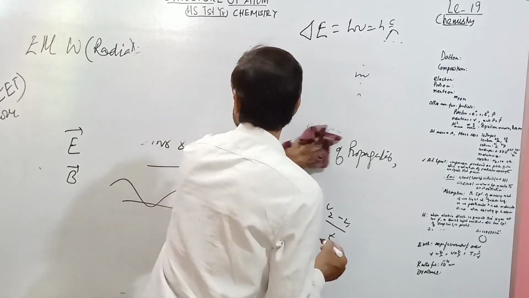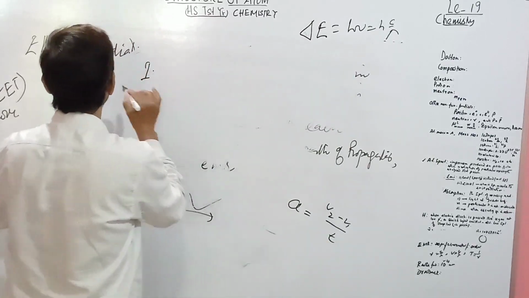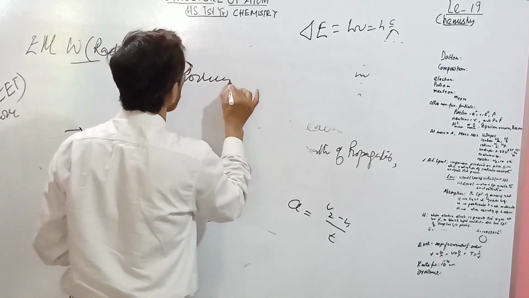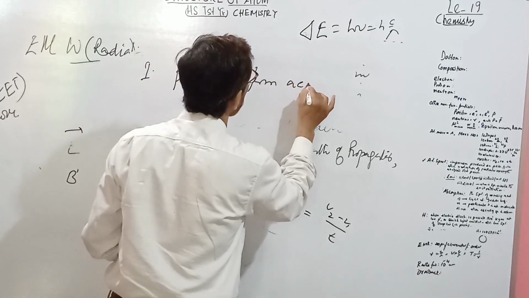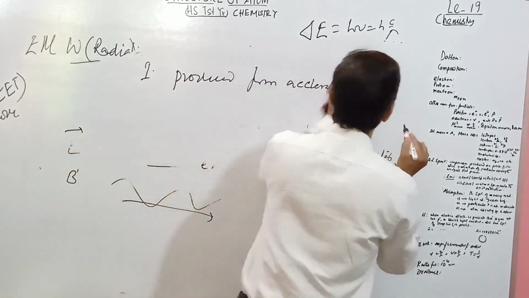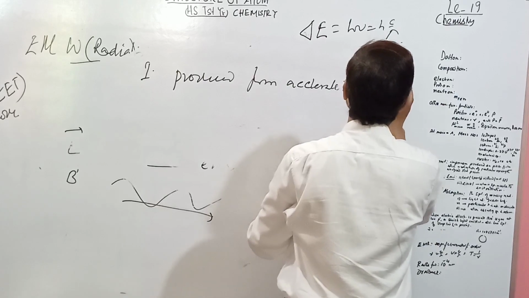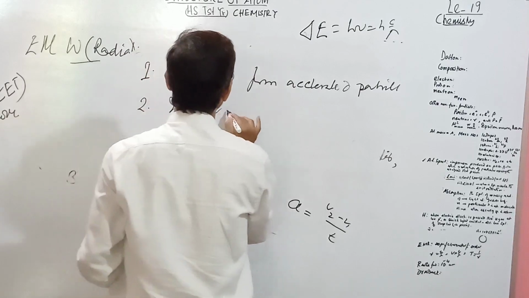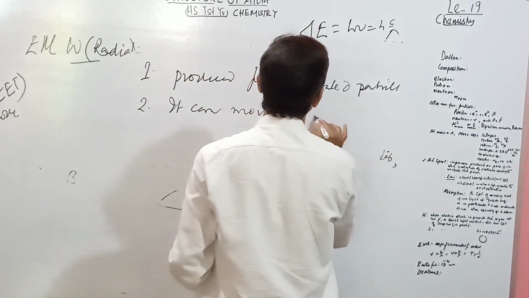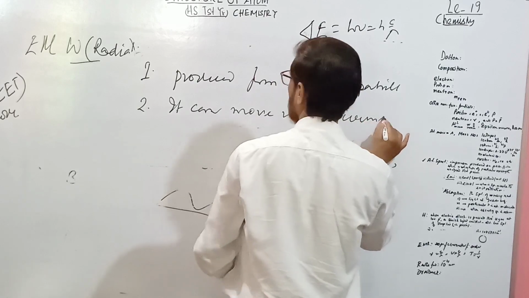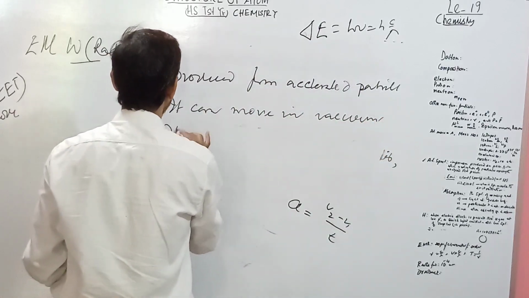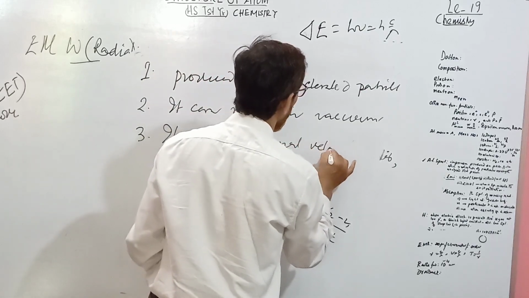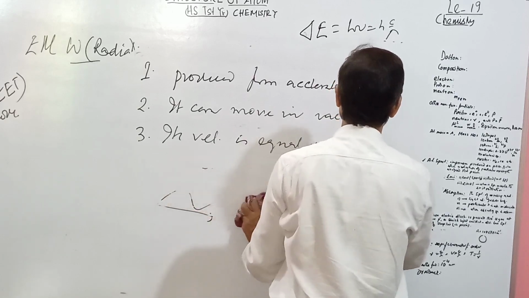And second, what are the characteristics of electromagnetic waves? Number one, it should be produced from an accelerated particle. It can move in vacuum. Its velocity is equal to the velocity of light.